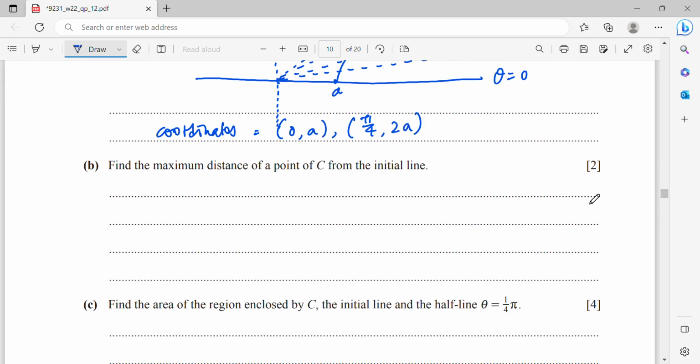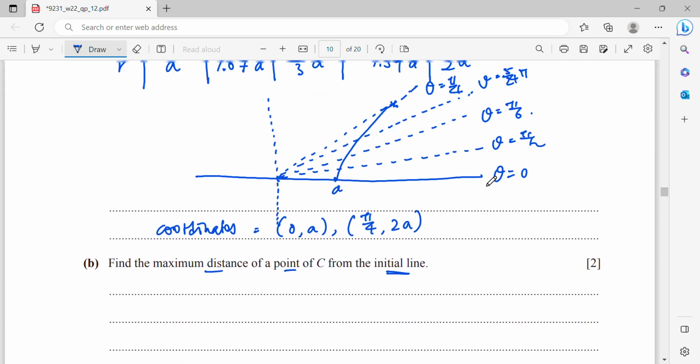Okay, now B, find the maximum distance of the point from the initial line. Initial line is theta equals 0. Now, in order to get maximum distance, we know that from the polar coordinates, y equals r sine theta. All right. So the maximum distance is obviously when theta equals pi over 4. So you just write when theta equals pi over 4, your y will be r sine theta.